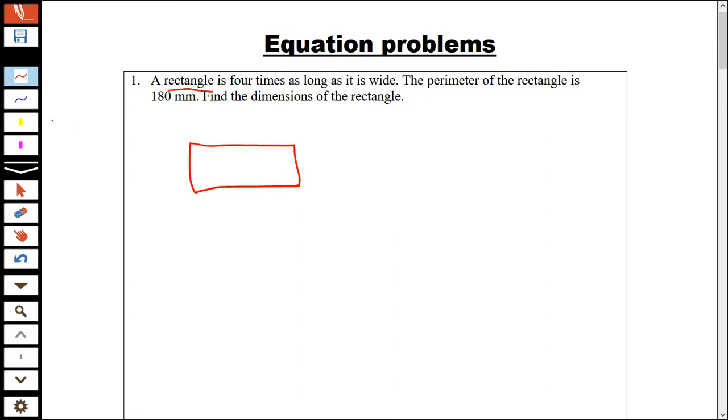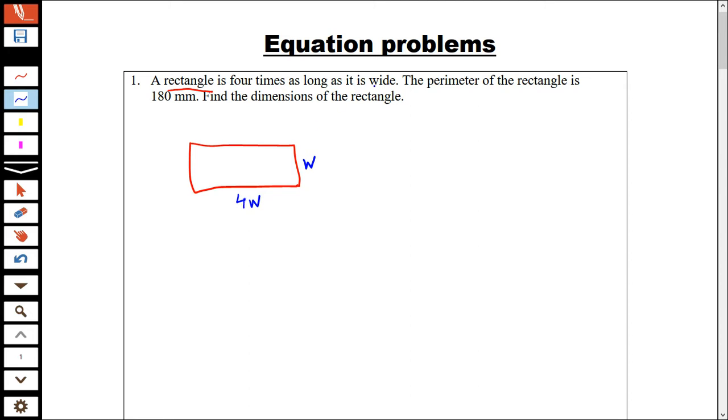Now, it says it's 4 times as long as it is wide. So if we call this the width, W, that's 4W. The shorter side is W and the longer side is 4W.